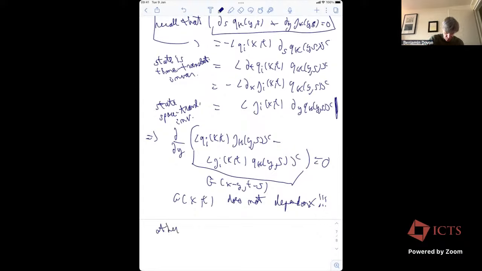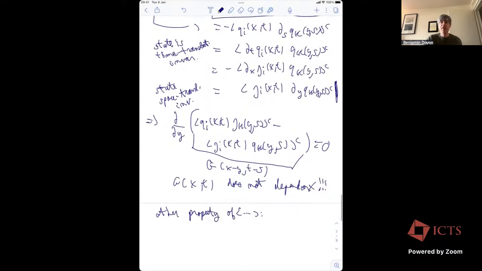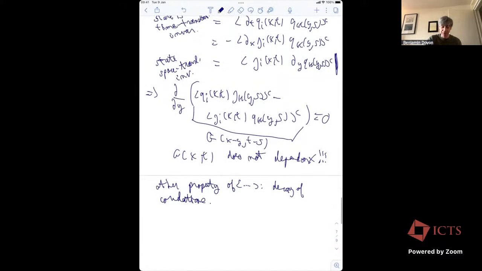And now let me use the last crucial property of the state. What was the last crucial property of the state? It was the decay of correlations. Decay of correlation means that G at x minus y going to infinity, and let me take t equals s because that's the thing I'm interested in, right?